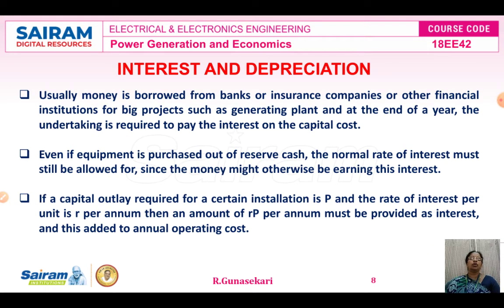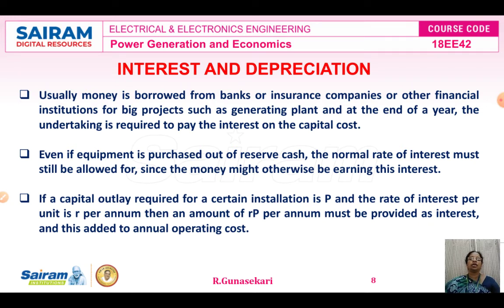So, till now we studied the cost analysis. Now we study interest and depreciation. Usually, money is borrowed from the bank, insurance companies or any other financial institution for a big project such as generating plant installation, and at the end of the year the undertaking is required to pay the interest on the capital cost.